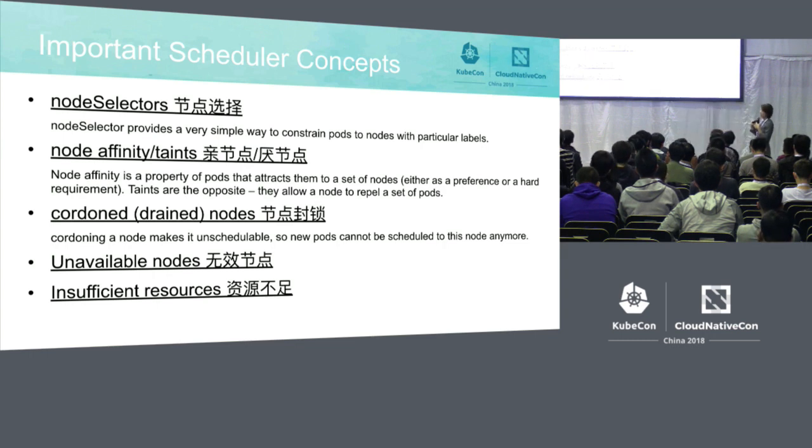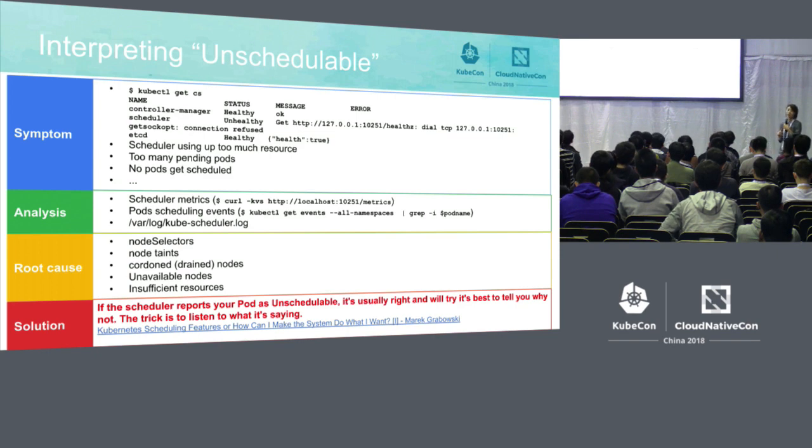With all these concepts, instead of talking about one real issue, I want to give a summary of how to interpret unschedulable. So the symptom could vary from sanity check telling you that scheduler is not working, to scheduler using up too much resource, too many pending pods, or no pods getting scheduled.